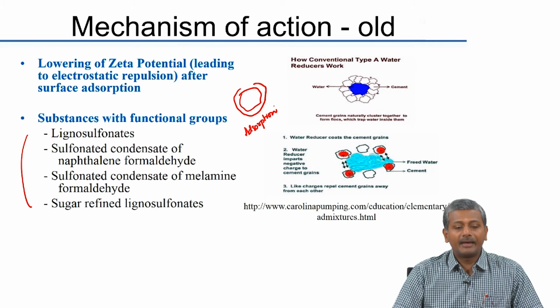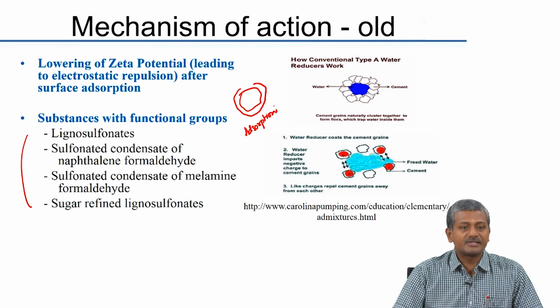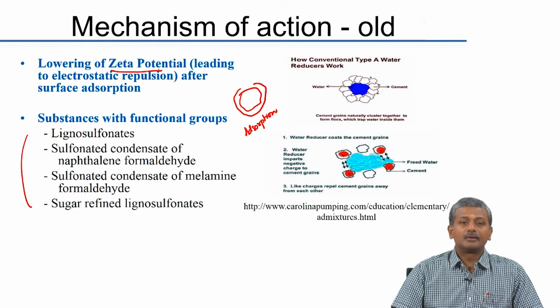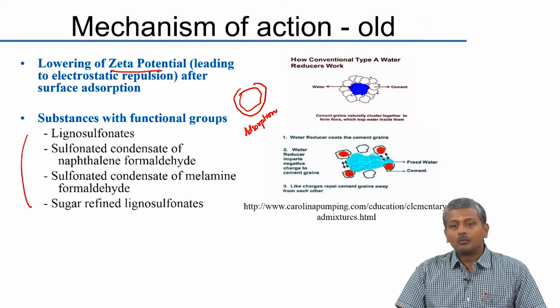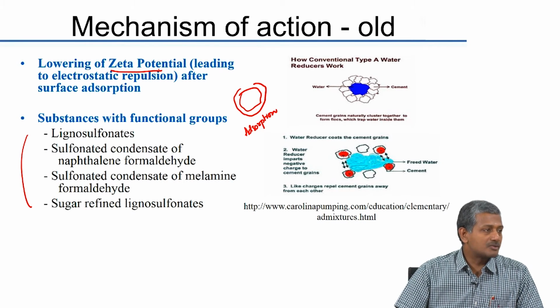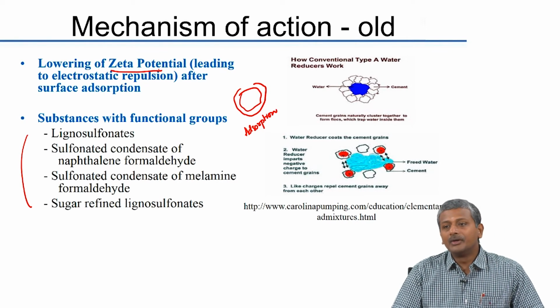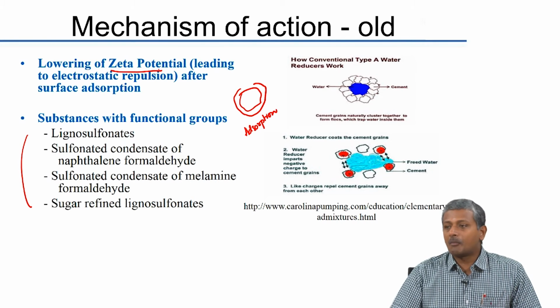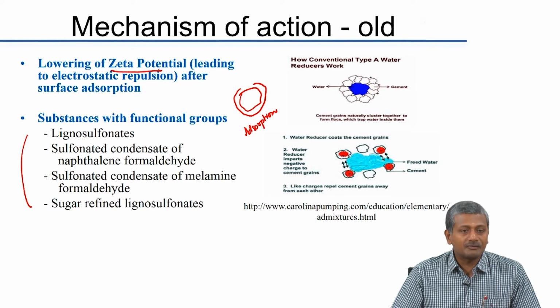Okay? And what it does is, after surface adsorption, it lowers what is called the zeta potential. Now what is the zeta potential? When we produce cement, we do grinding in the final stages of cement manufacture. When you do grinding, you leave the material with some surface charge. Okay? Certain particles of cement may have a positive charge, certain types may have a negative charge.